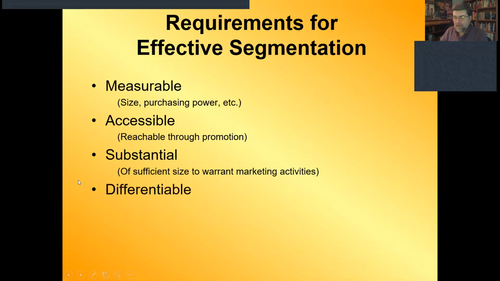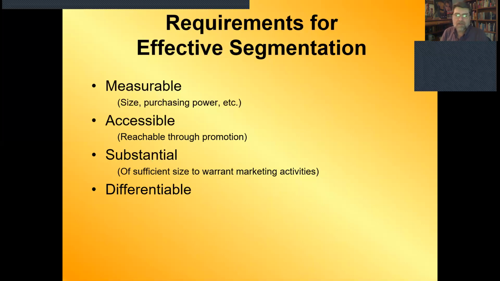Is it differentiable? What I mean by that is, can we differentiate one group from another in a significant way? For instance, if we're talking about insurance, would left-handed people and right-handed people react differently? And the answer is obviously no. For a certain medication, would married women or unmarried women react differently?